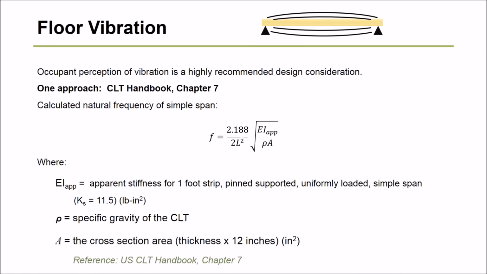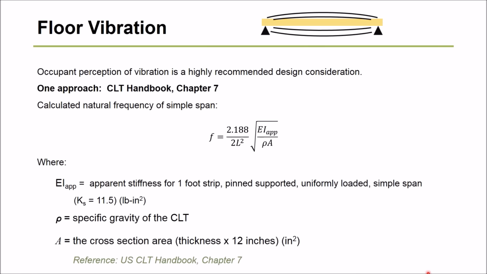One approach is presented in the CLT handbook, and they've looked at tested data and came up with a simple recommendation on what is an acceptable span for a CLT panel. The EI apparent is that flexural stiffness term, and the rest of this is just the density of the CLT, the cross-sectional area, and the length spanned, and that's how you can estimate the frequency.